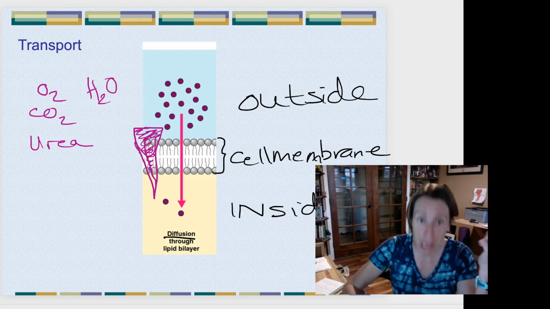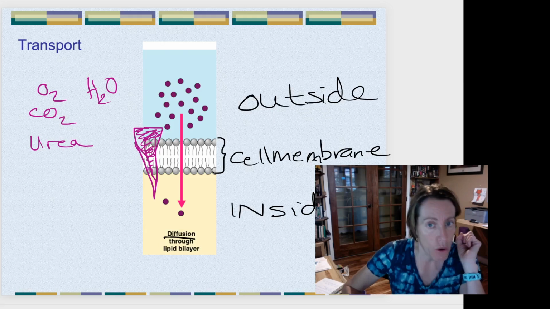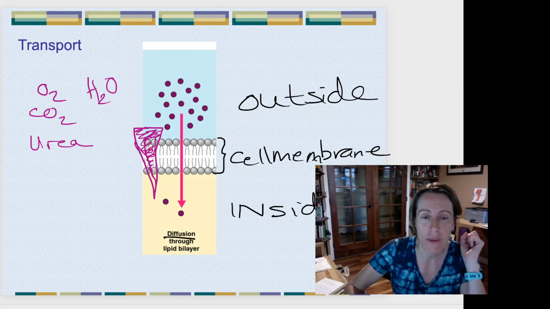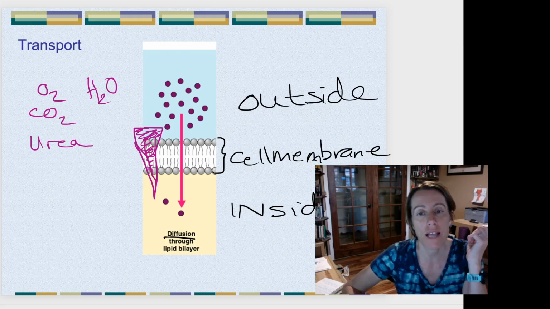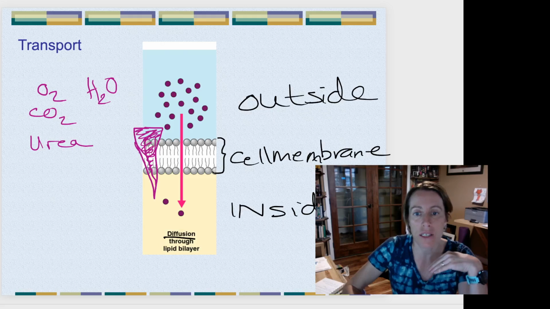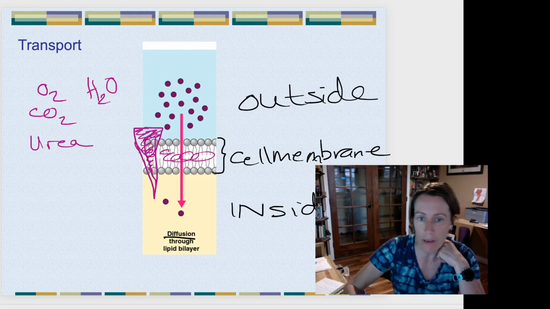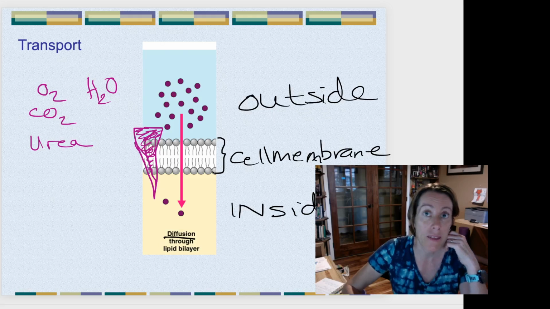And there are some larger molecules that can also move across because they're hydrophobic. They have no charge. So things like the steroid hormones like estrogen, like testosterone, those kinds of molecules are able to cross the cell membrane because this greasy hydrophobic lipid bilayer is not a barrier to them, because they're quite happy hanging out in a hydrophobic zone, because they themselves are also hydrophobic and non-polar.